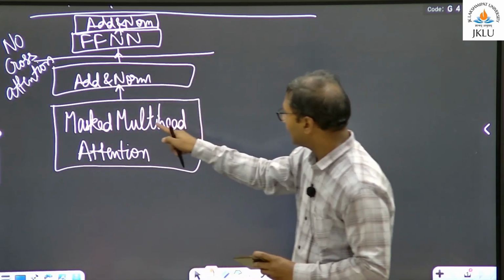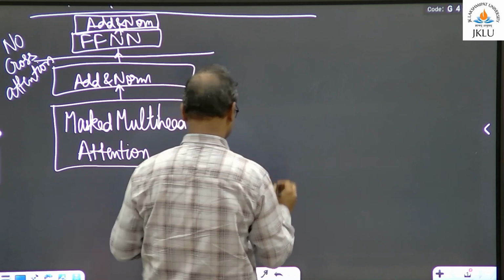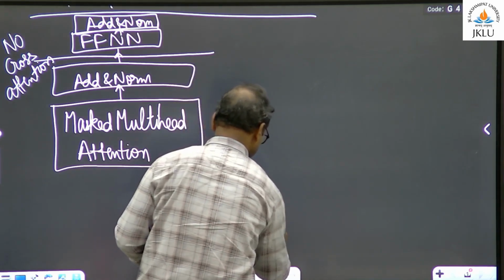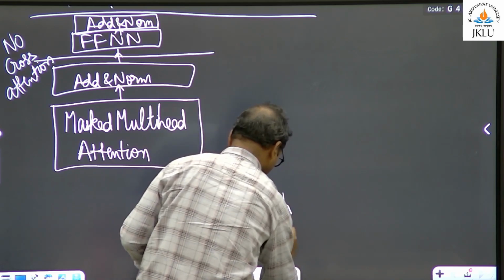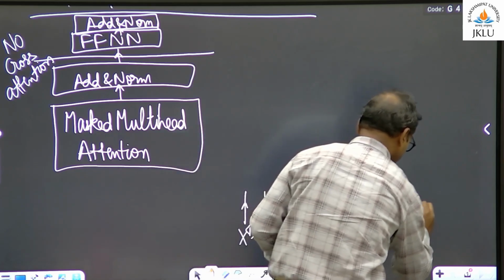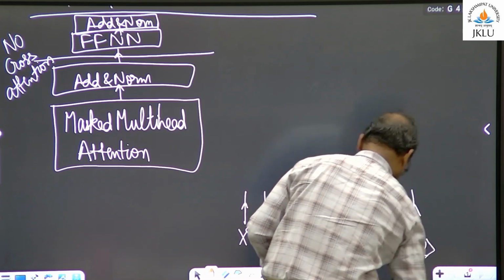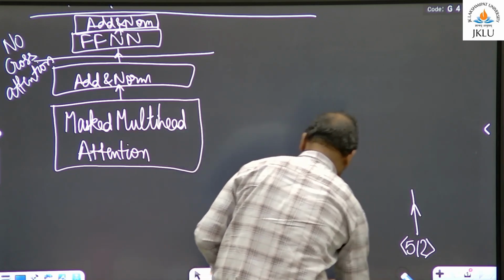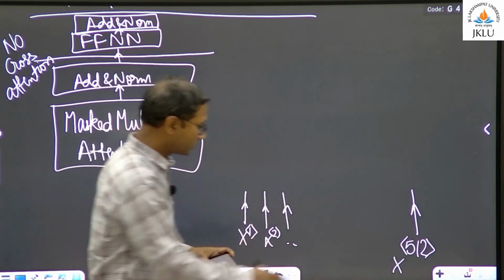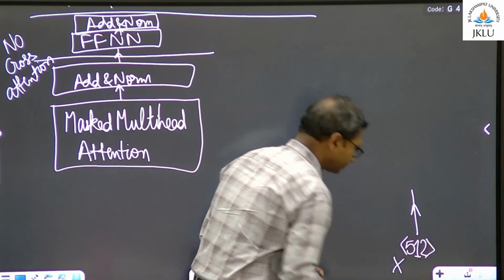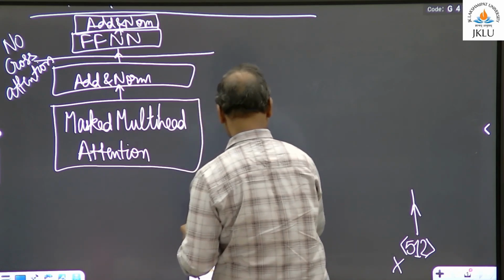Okay. Now, I will try to do this one zoomed up here. You are going to take these x1s as input. So, this is let us say x1, x2 all the way until, what was the input size? What was t for this? 512. Okay. So, this is 512. Now, what do you do after taking this input?